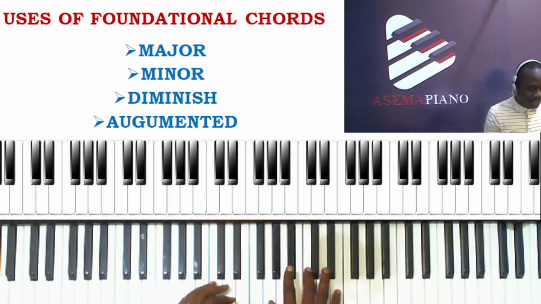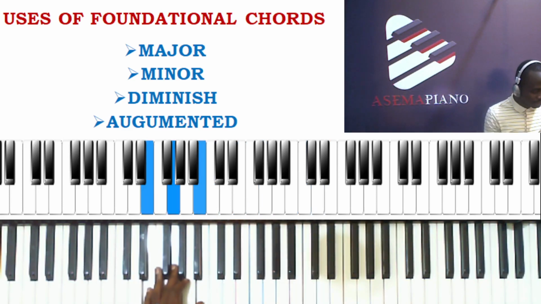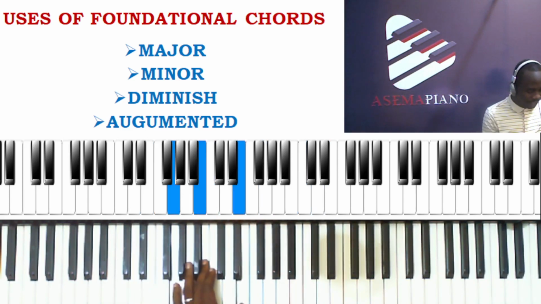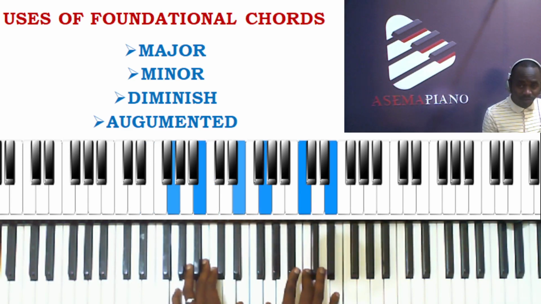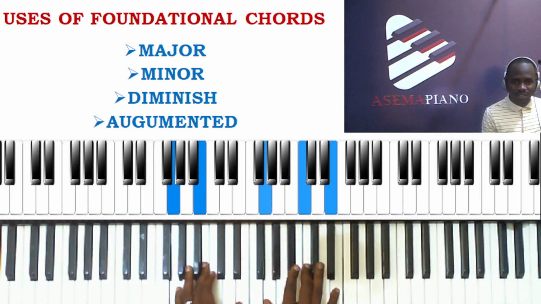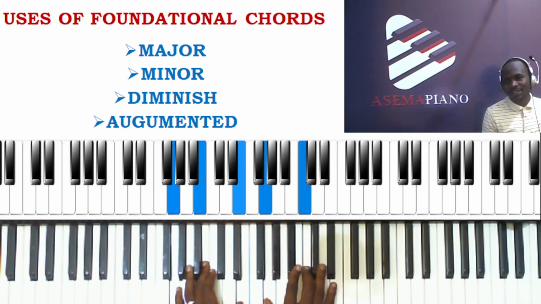Now if I invert it again, I can do like this. Because this was my minor, now I can play it like this. Do you see? Now I have the fifth, the seventh, the third, the fifth, the first, the third.